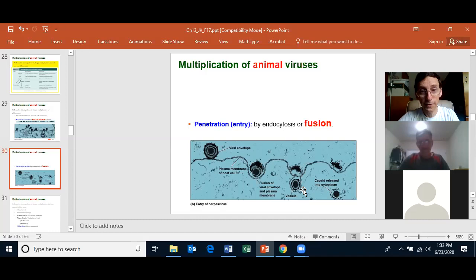That's really showing you endocytosis, not fusion. But when the cell membrane comes around like that, this opens up, and that allows the virus just to move into the cytoplasm of the cell. Any questions about that?